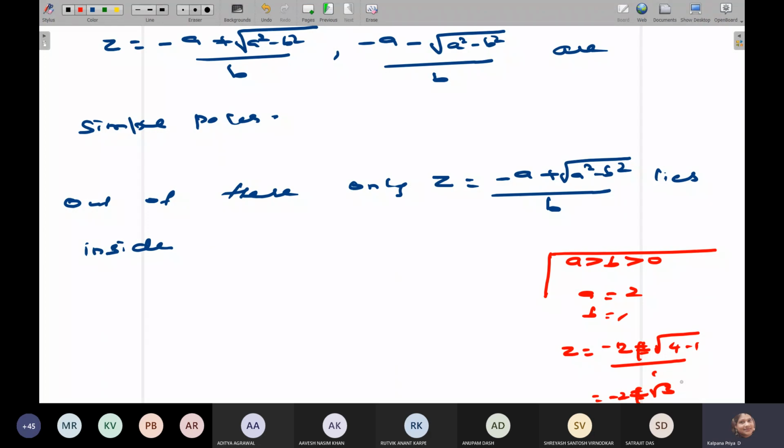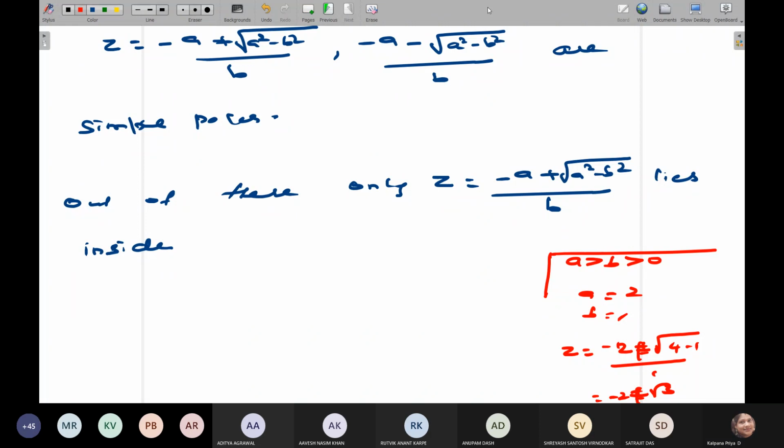So minus 2 plus root 3 is minus 0.26 something, which is less than 1. Okay. So definitely minus 2 minus root 3 is more than 1. Okay, using the given condition, this pole lies inside the contour.